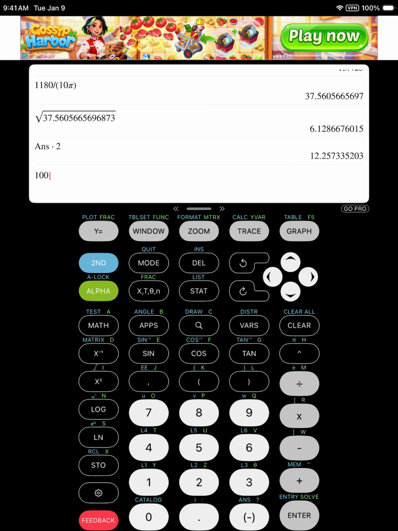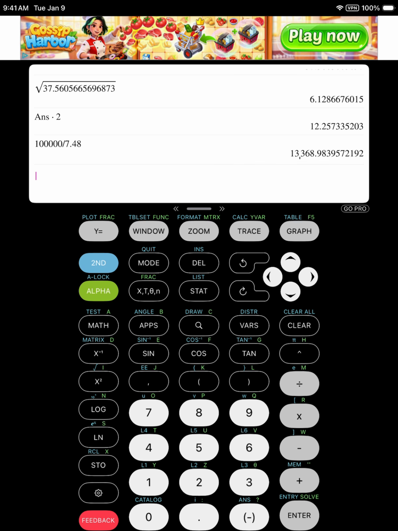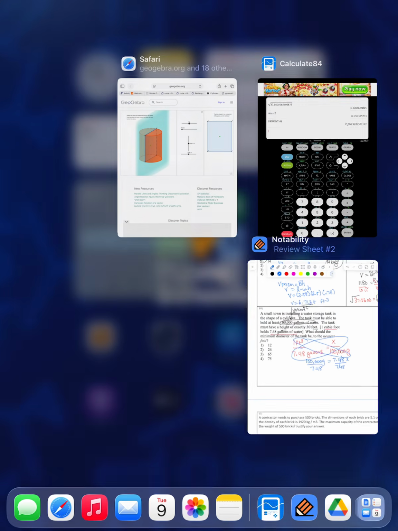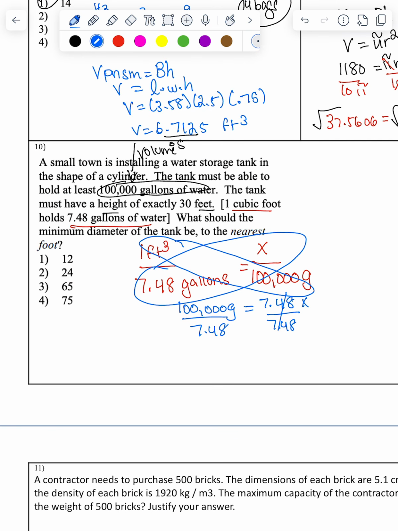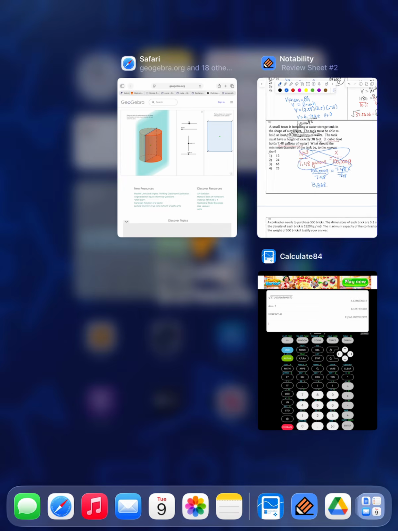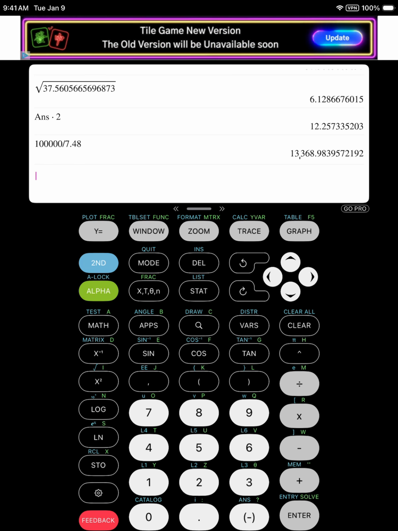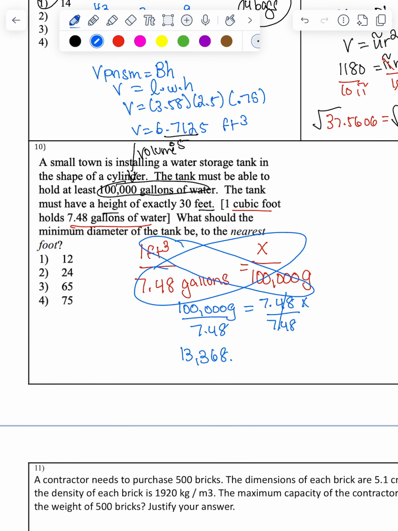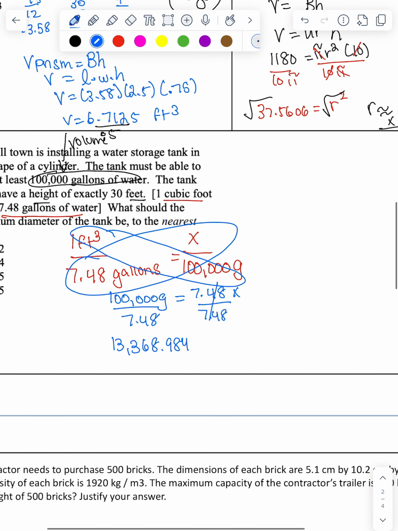So 100,000 divided by 7.48. And that is 13,368.984 approximately. So that is the volume in cubic feet.